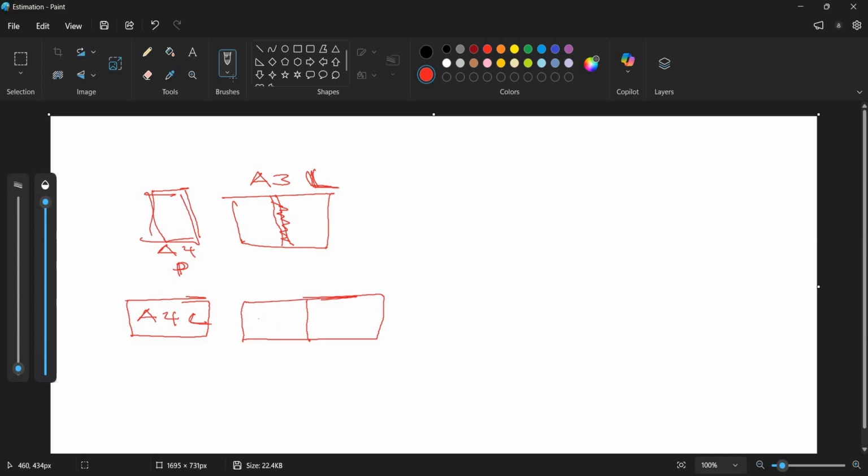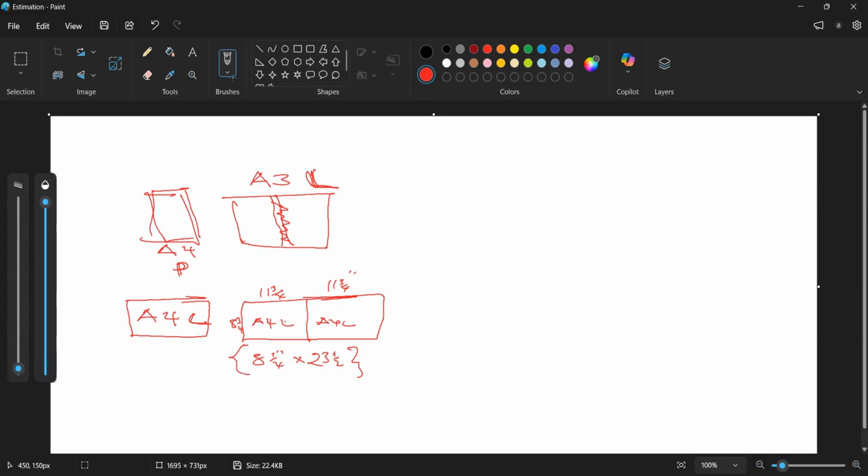So we have A4 landscape here. Do you get it? So that means 8 1/4 by 11 3/4. So the dimensions for this will be 8 1/4 by 23 1/2 for a cover like this landscape.